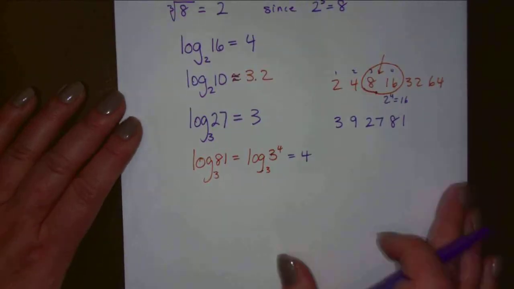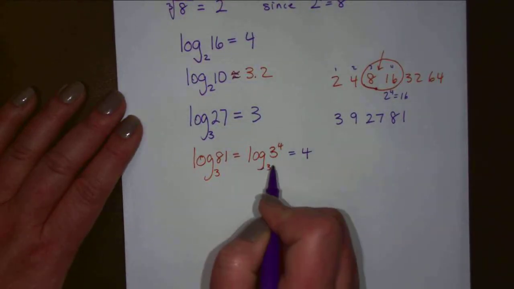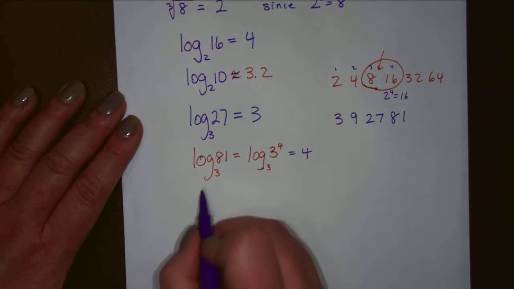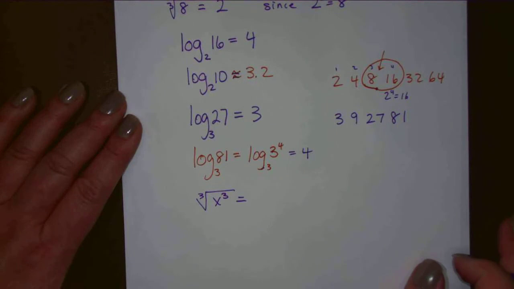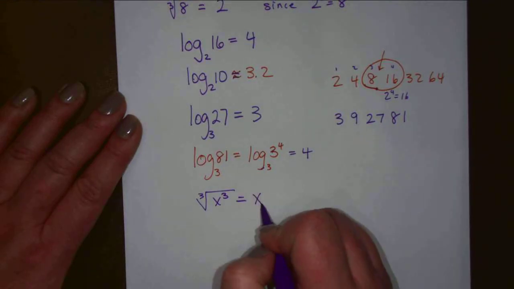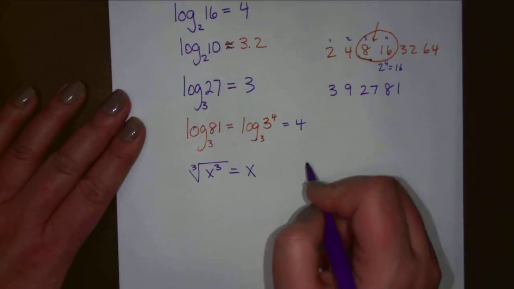We do this in square roots, sort of. Or cube root. Say we have a cube root of x cubed. What's that equal? x. They cancel. Because they're the inverse of each other, they cancel out. So this is just equal to x. The rule for logs is this.